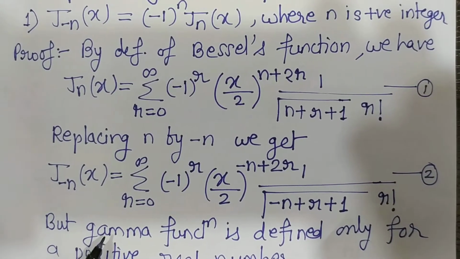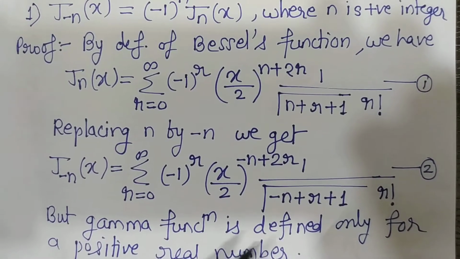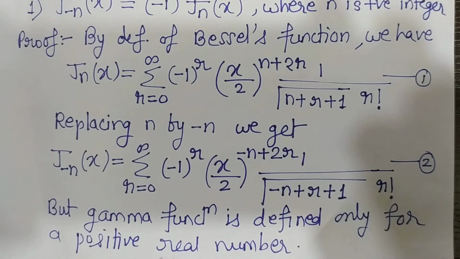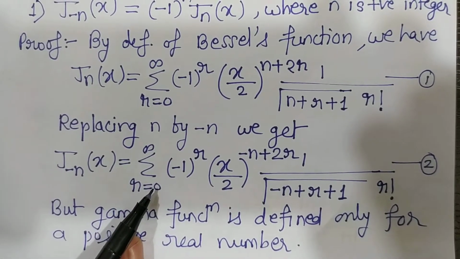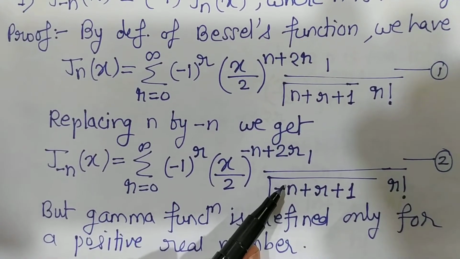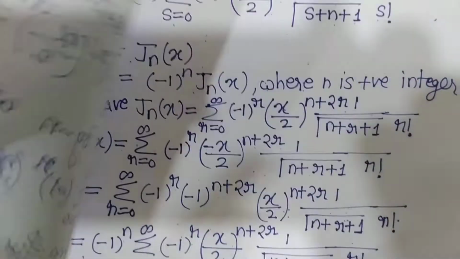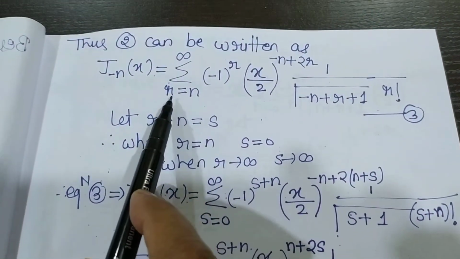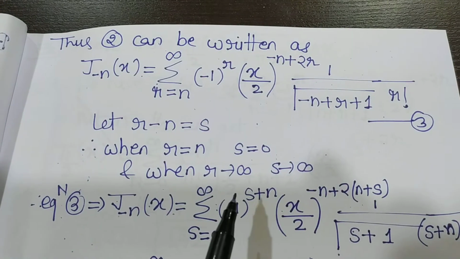But as we know, the gamma function is defined only for positive real numbers. So when we put r equal to 0 up to n minus 1, the gamma function will not be defined. Therefore, we rewrite this as the summation from r equal to n to infinity of these terms.